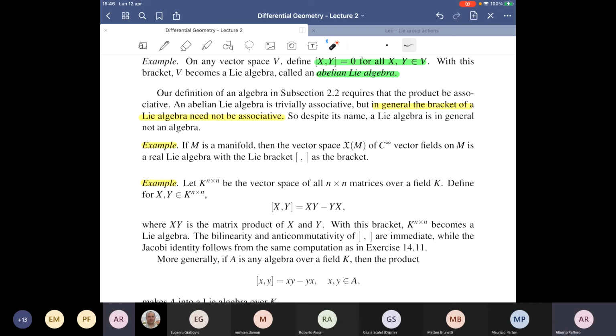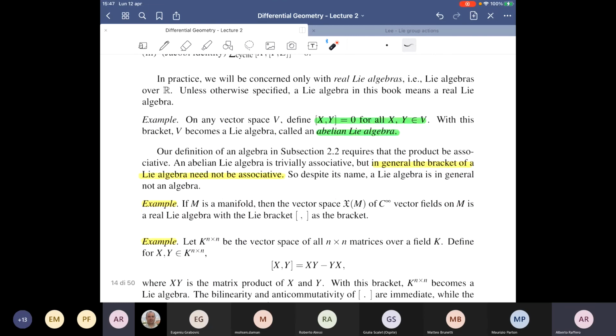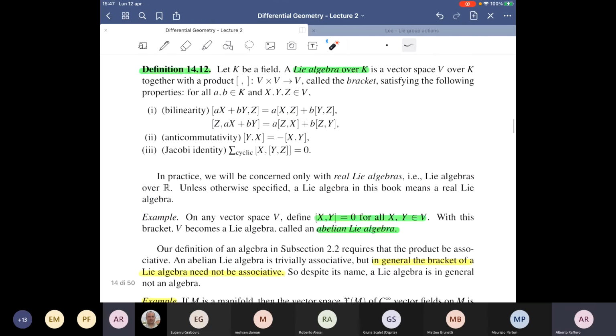And if this product satisfies some nice properties, then you get what is called an algebra. In such a case, we have this kind of product given by the bracket, but this is not associative. And so in particular, this won't define an algebra in the sense you saw last time.